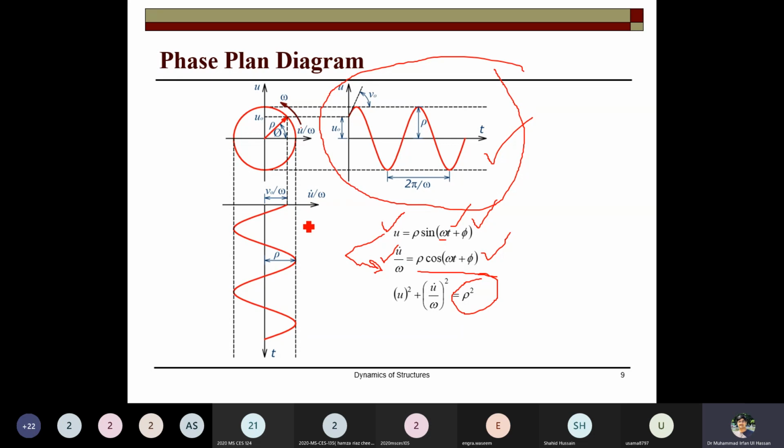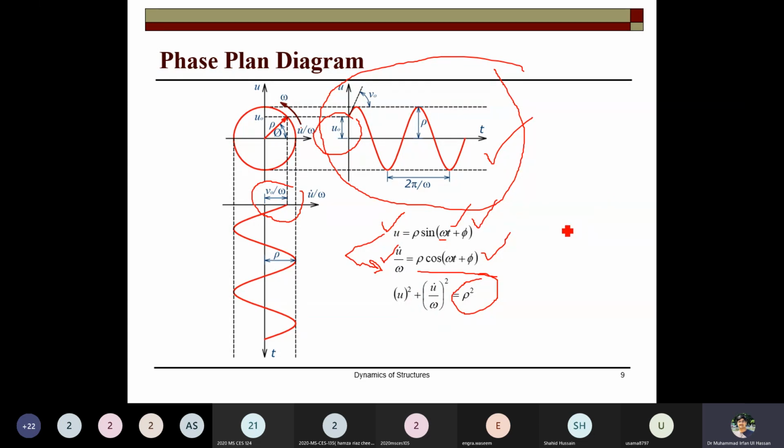And when you plot u dot over omega versus T, this is the derivative of this one. When you plot this one, it is somehow different because it starts from the initial value v naught over omega. So when you plot this value, this response is different. The amplitude is the maximum value, which is basically equal to the square root of u squared plus u dot over omega squared at any instant.